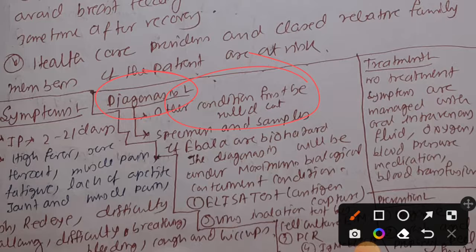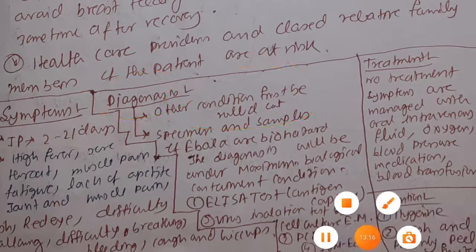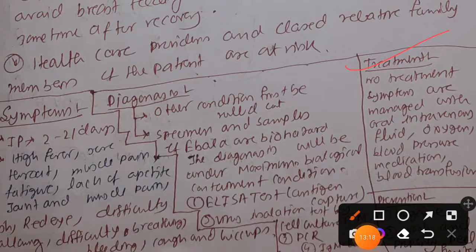We can also use the PCR technique to find out the pathogen, along with virus isolation by cell culture and electron microscopy. For treatment, no such treatment is required, but fluid applied intravenously or orally to reduce the symptoms, along with blood transfusion and blood pressure medication can be done.